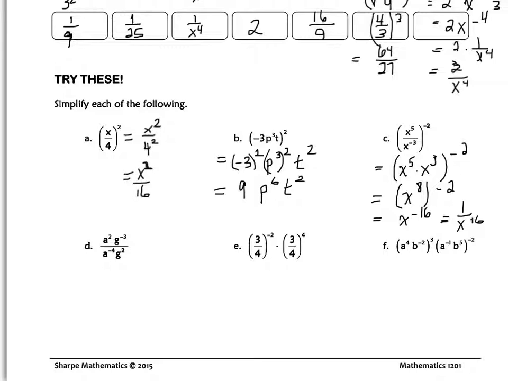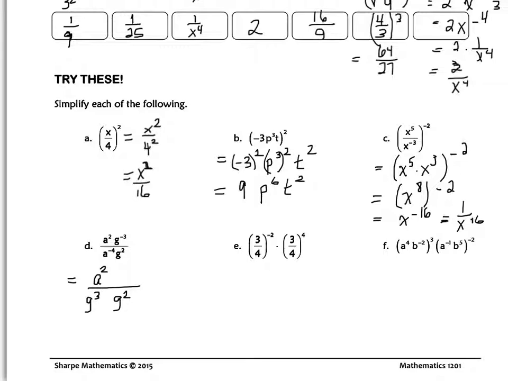All right, so these ones here that have negative exponents in the numerator and denominator, but there's no addition or subtraction between terms, most times I try to avoid using the subtraction rule, the subtracting the exponents rule. So I would probably leave the a squared where it is and the g squared where it is. But that g to the negative 3, when I take the reciprocal of that and raise it to the positive exponent, it brings it down in the bottom as g to the positive 3.